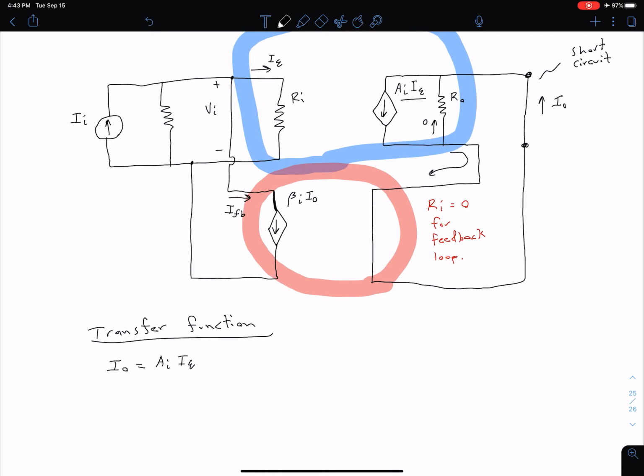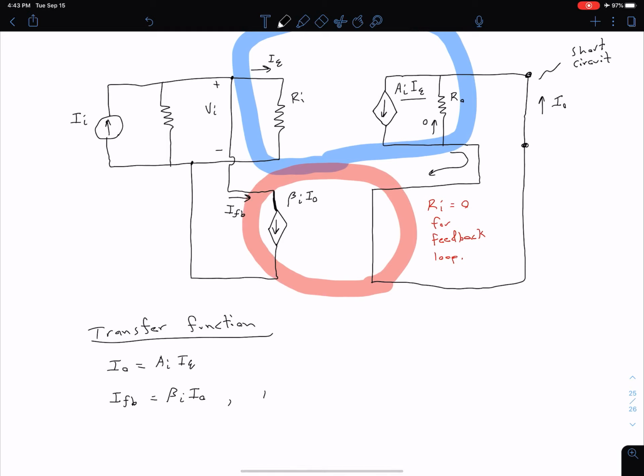Okay, and so now let's shift our attention back to our input side. Of course the two are related through this feedback loop, which is circled in red. In that feedback loop, we can see that that feedback current, I sub FB, is equal to beta sub I times I naught, our output current.